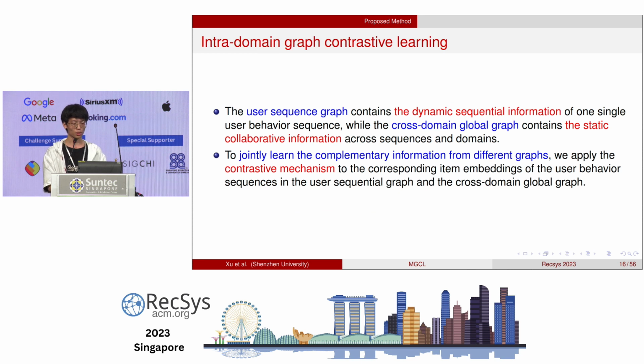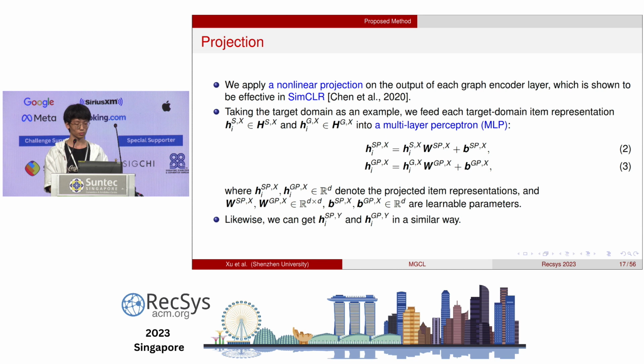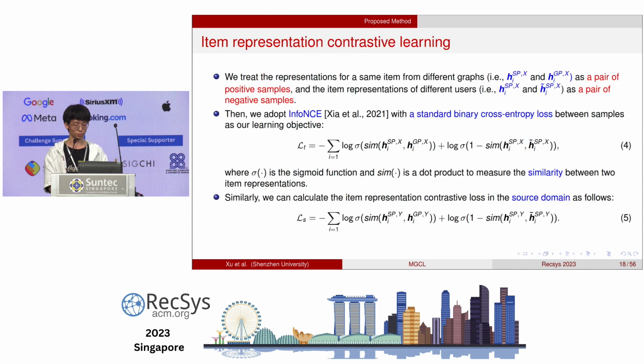To jointly learn the complementary information from different graphs, we apply the contrasting mechanism to the corresponding item embeddings in the user sequential graph and the cross-domain global graph. Taking the target domain as an example, we feed each target domain item representation into a multi-layer perceptron.